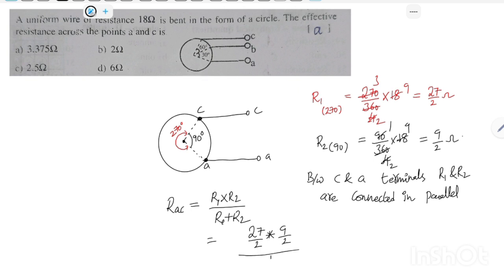Basically R1 plus R2 is 18 ohm, which is the total resistance. No need to do it separately. Now 27 into 9 in the numerator by, you will get 4 into 18 in the denominator. So 9 ones, 9 twos. So finally what you will get is 27 by 8.